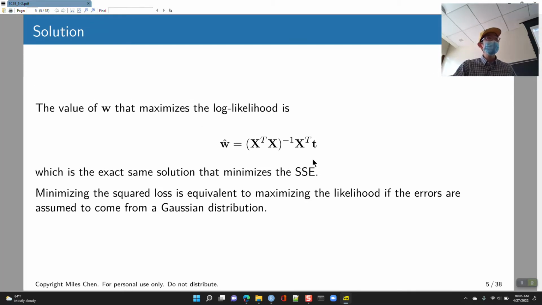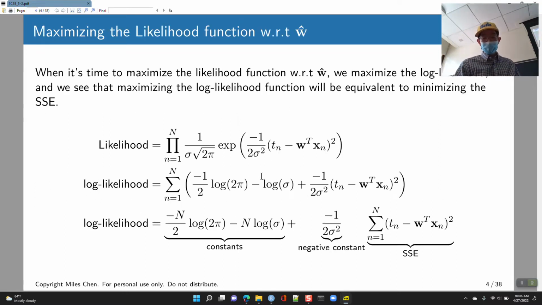The value of W that maximizes the log likelihood is x transpose x inverse x transpose t. I think this is where we got to at the end of Monday's lecture. One thing we noticed is that there's no sigma squared.